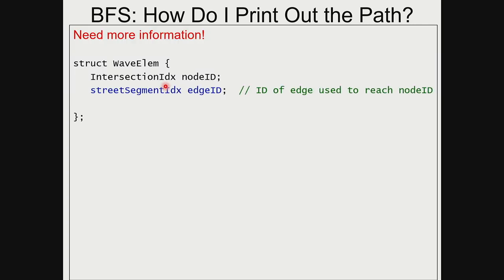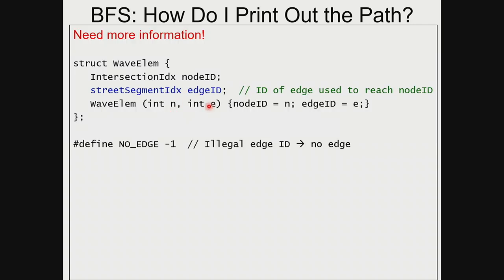In addition to that, we will also store the street segment index, which constitutes the edge that got us to the current candidate that we're going to visit. So it is the edge used to reach the node. And for convenience, I'm creating a constructor here that will initialize this wave element to a certain intersection and an edge, right? Okay.